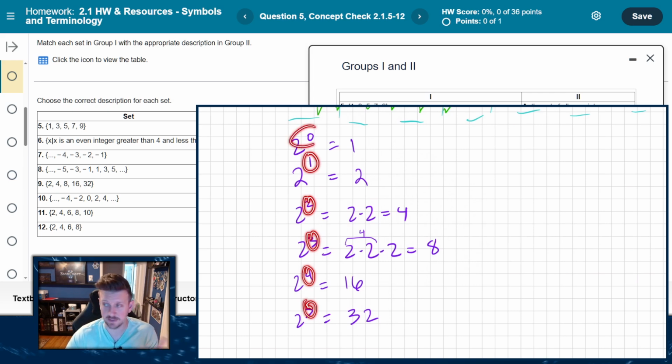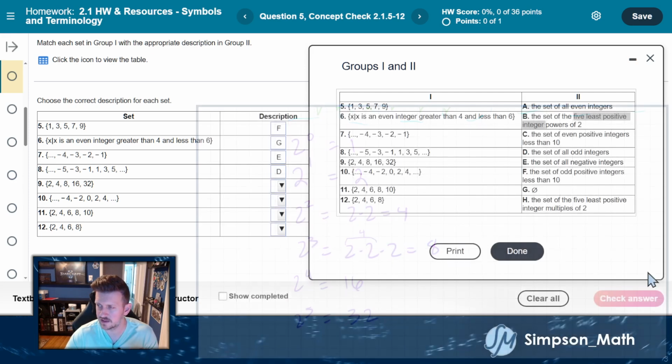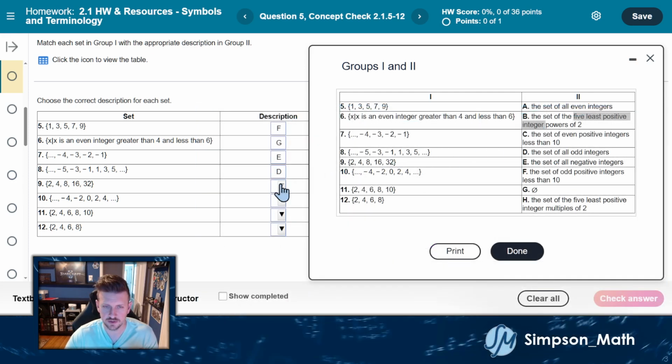Notice 0 is not positive. It's neither positive nor negative. It's between those two. And -1 would be negative. So these are the 5 smallest positive integers. And again, integers because they're not decimals. They're not 1.1. It's just 1, 1.0. Or the denominator of it is 1. All right, so this one is B, goes to number 9.